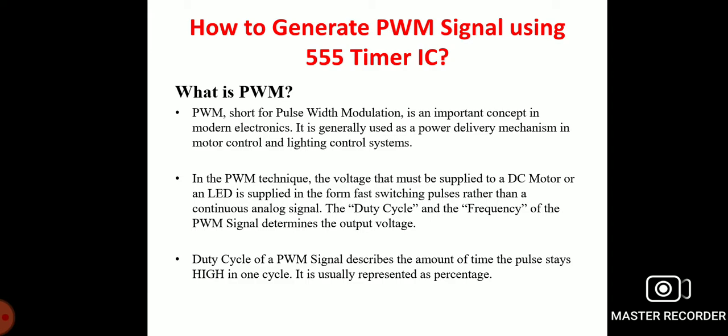The duty cycle and the frequency of the PWM signal determine the output voltage. The duty cycle of the PWM signal describes the amount of time the pulse stays high in one cycle. It is usually represented as a percentage.